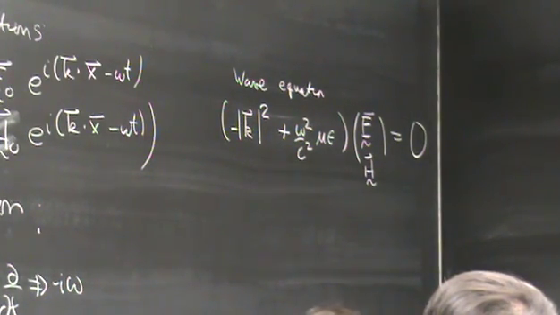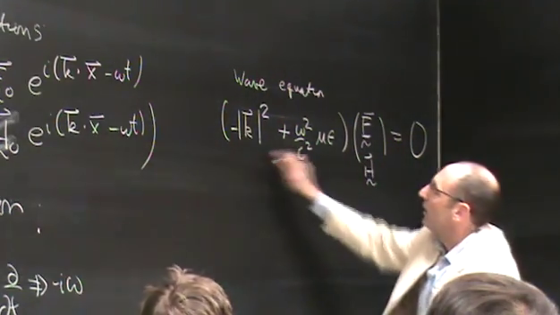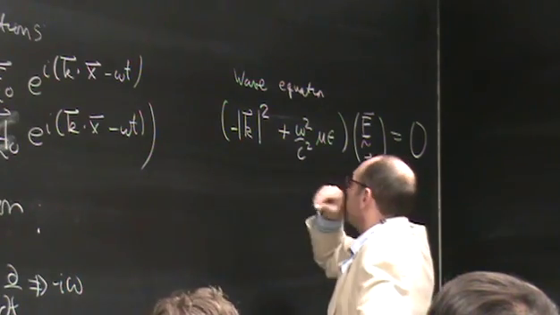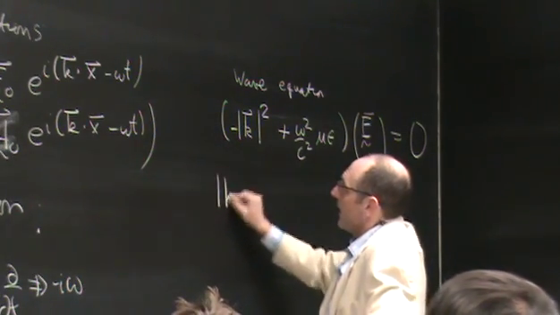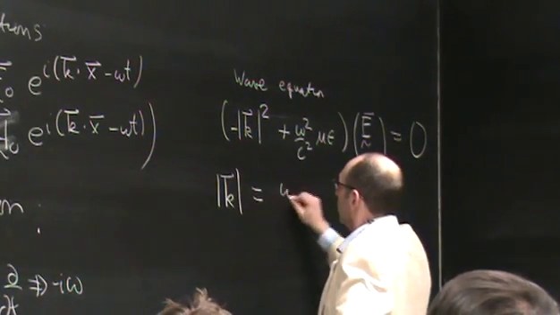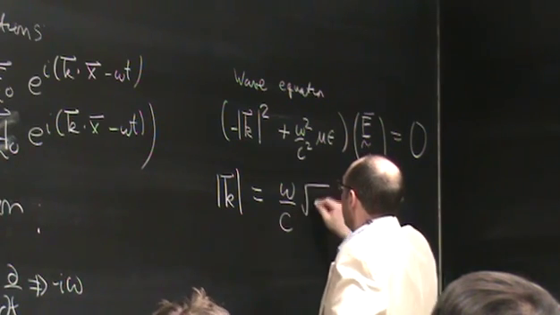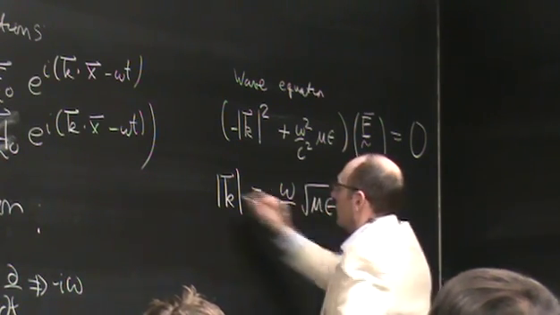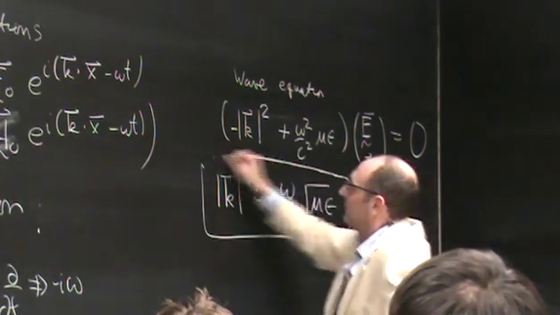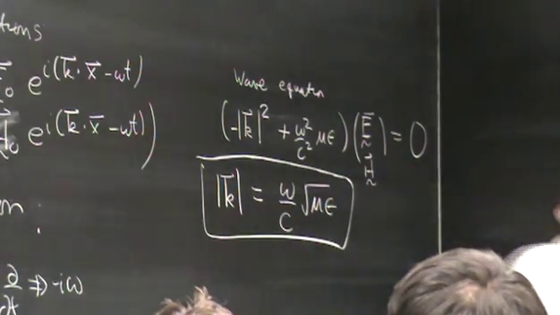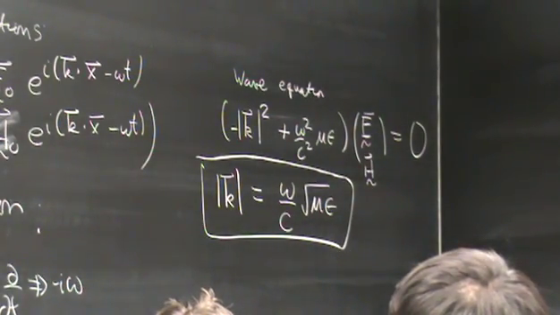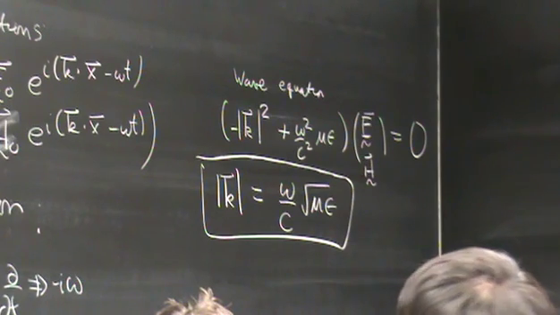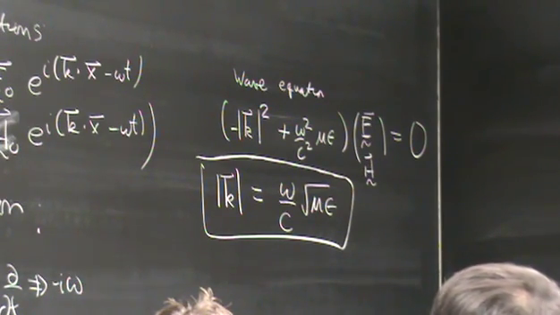And so, in order for this to be true no matter what the amplitudes are, we have the relationship that the magnitude of k is omega over c times the square root of mu times epsilon. That's the dispersion relation.